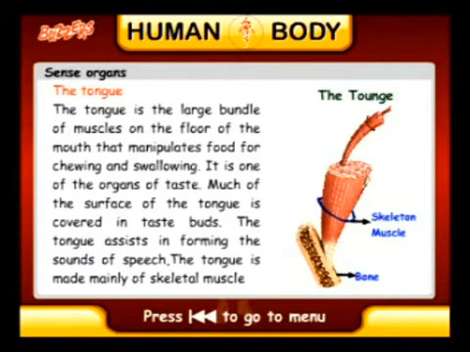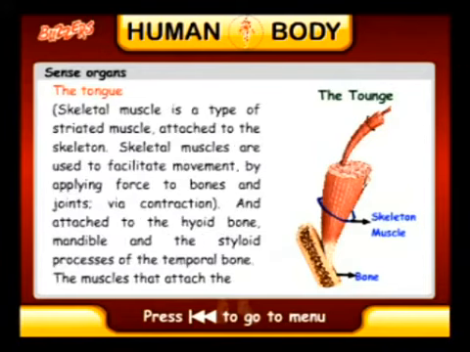The tongue is made mainly of skeletal muscle. Skeletal muscle is a type of striated muscle attached to the skeleton. Skeletal muscles are used to facilitate movement by applying force to bones and joints via contraction, and attached to the hyoid bone, mandible and the styloid processes of the temporal bone.